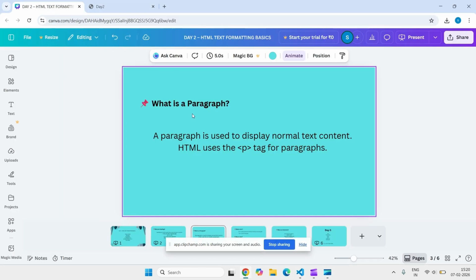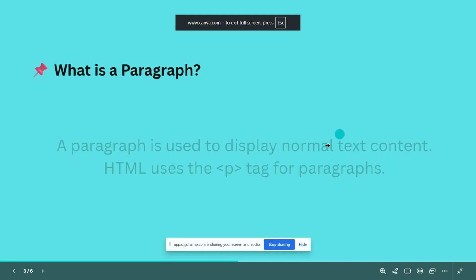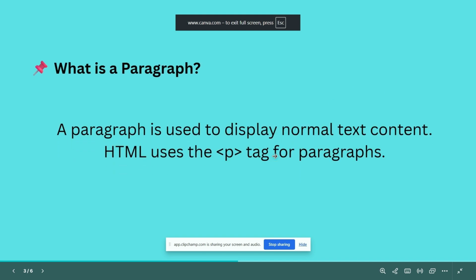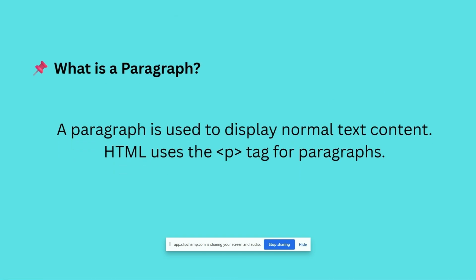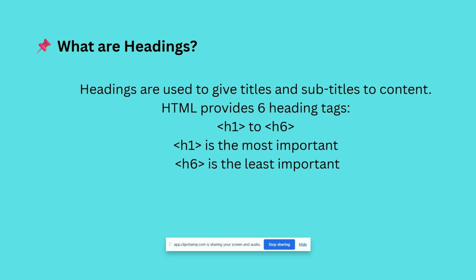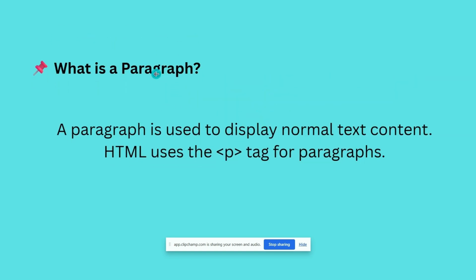Now we can see what is a paragraph. We have seen headings, which are used to give a title and subtitle to the content. There are only six of them, and we have seen how they differ. Now we are moving into the paragraph.